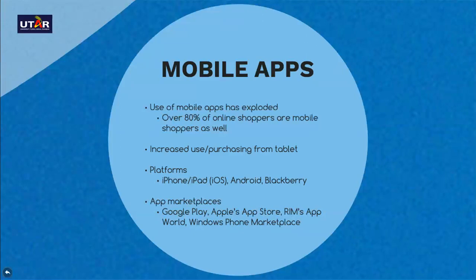There are certain very popular platforms, for example iPhone and iPad from iOS provided by Apple, then Android and BlackBerry. App marketplaces include Google Play, Apple's App Store, BlackBerry's App Store, and Windows Phone Marketplace. These are the places to get and download the latest applications.